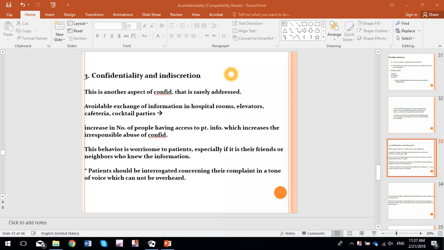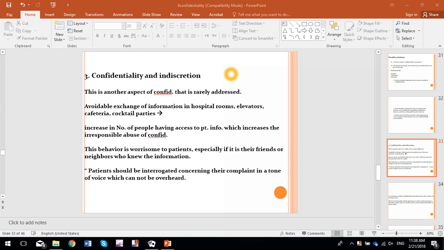Now, an increase in the number of people having access to patient information increases the irresponsible abuse of confidentiality. You have to be aware of what you are talking about, especially in places like hospital rooms, elevators, cafeterias, and cocktail parties.